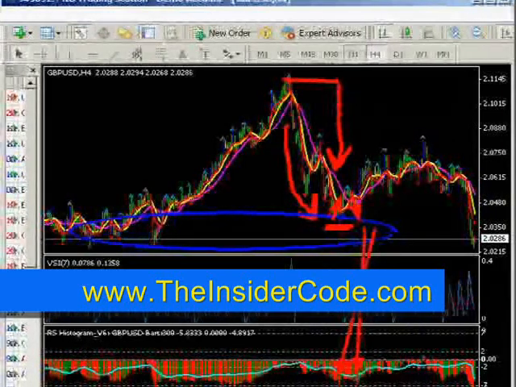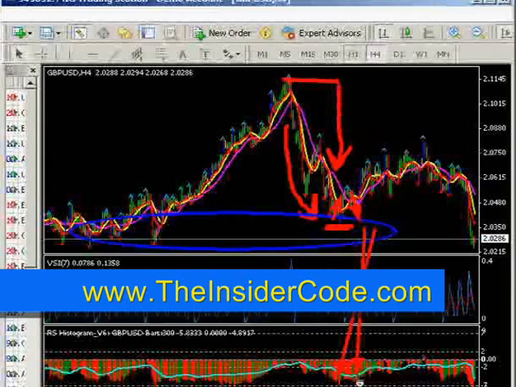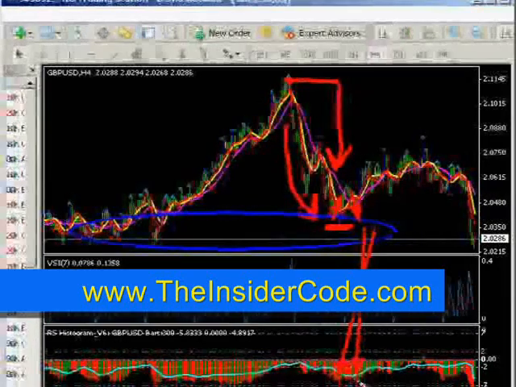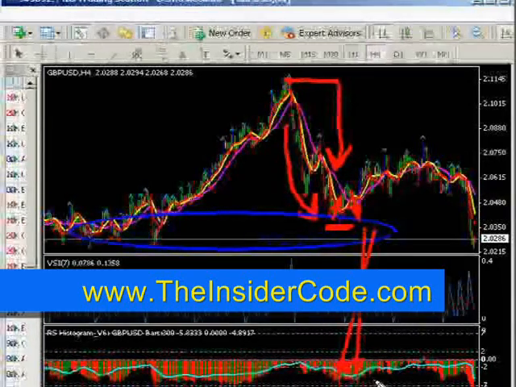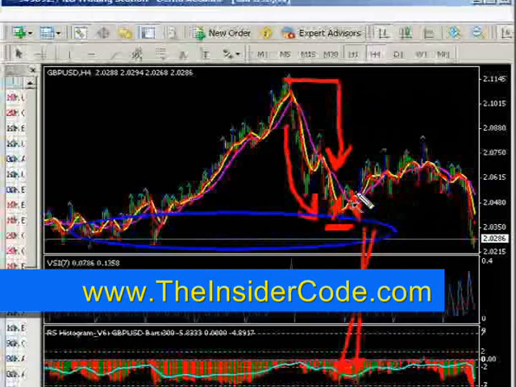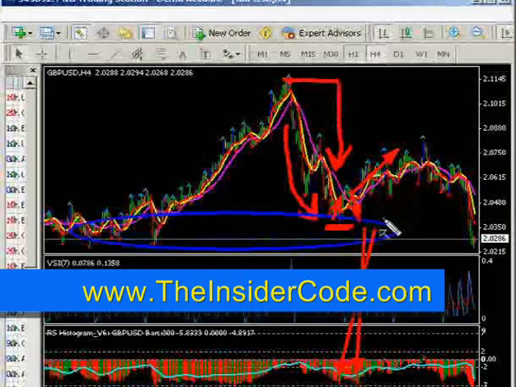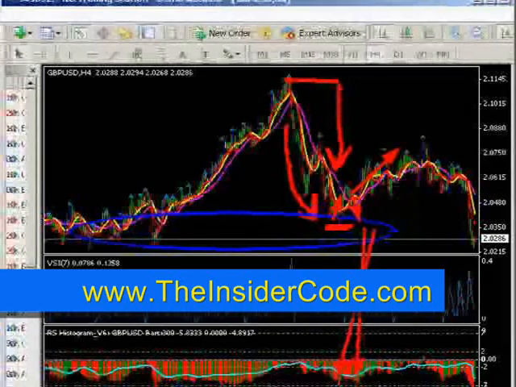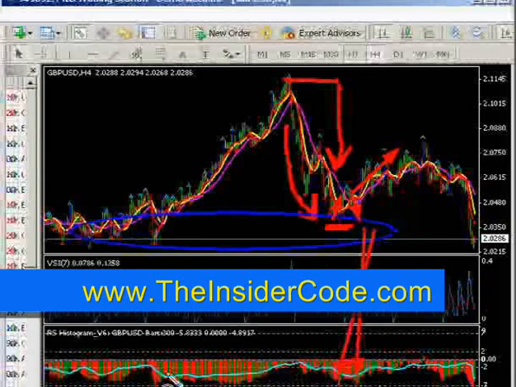Is the histogram posting a lower strength? Meaning, is the pound really weak against other currency pairs? And as the pound starts to move up, is the currency getting stronger overall, or is it getting weaker? In other words, does the strength stay low like it did over here?